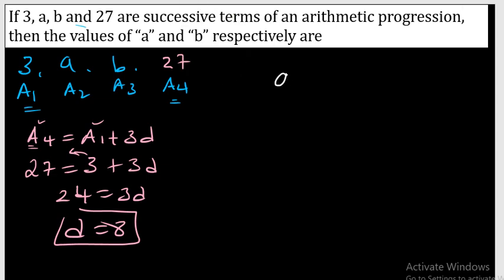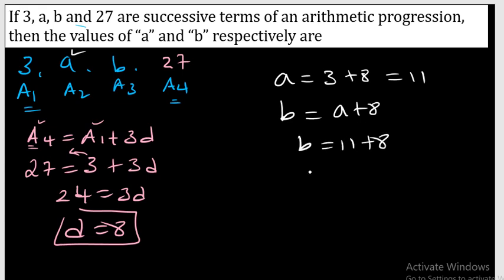So a, the second term, is 3 plus 8, which is 11. And what about b? B is equal to the previous term, a, plus 8 again, because it's arithmetic. So b is equal to 11 plus 8, so b is equal to 19. So we are asked to find a and b, that's 11 and 19.